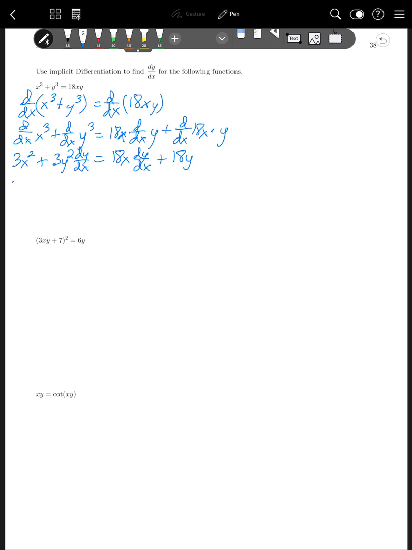So subtract 18y from both sides and subtract 3y squared dy dx from both sides. Factor out the dy dx.